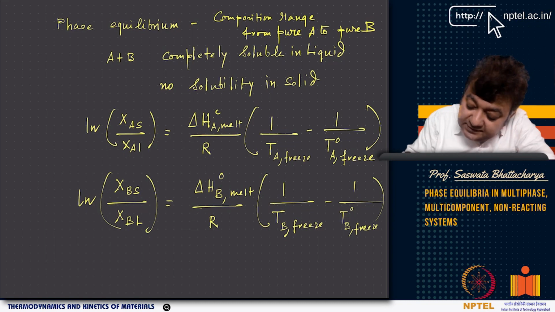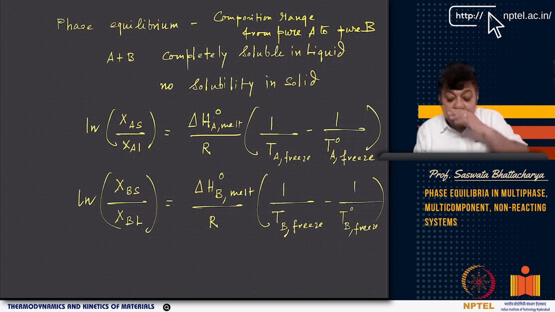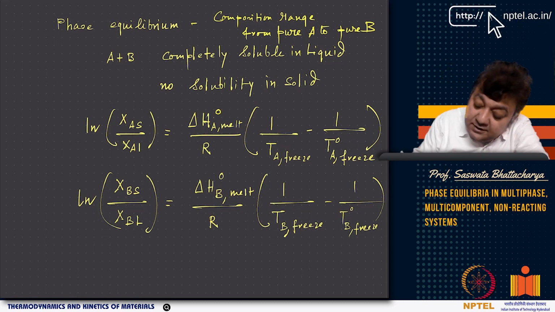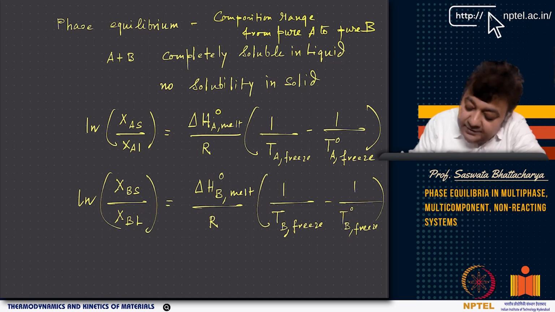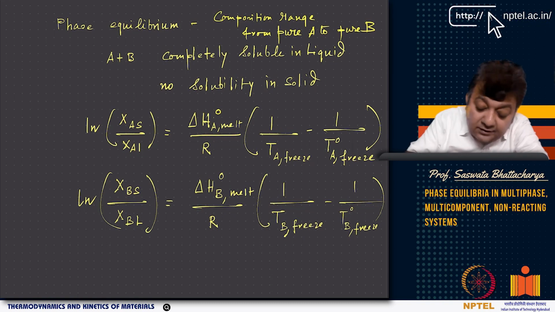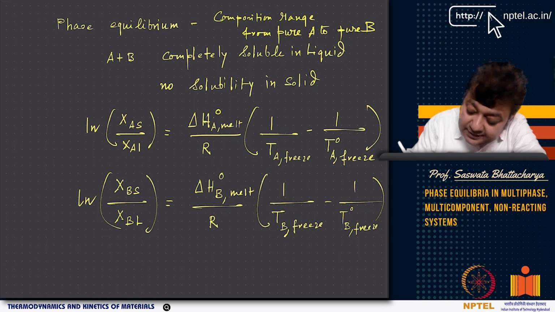This is the heat of transformation, or heat of melting, or latent heat of melting of pure solvent by R, right? In this case, we can say this is the latent heat of melting of component A.